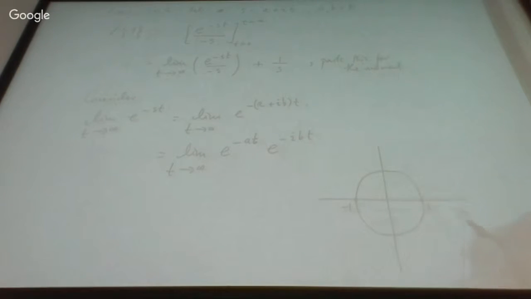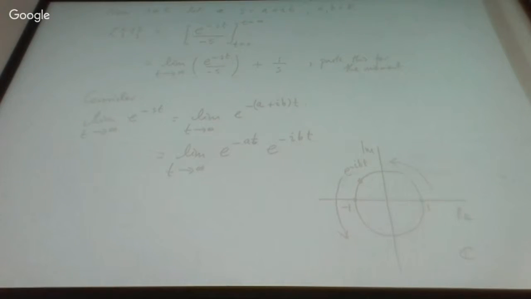So if this is the complex plane with its real and imaginary axes, e to the minus ibt, for whatever value of t, will live somewhere on the unit circle, because it's an example of e to the i theta. E to the i theta lives at the angle theta on the unit circle. And as t increases, all this does is go round and round the unit circle.